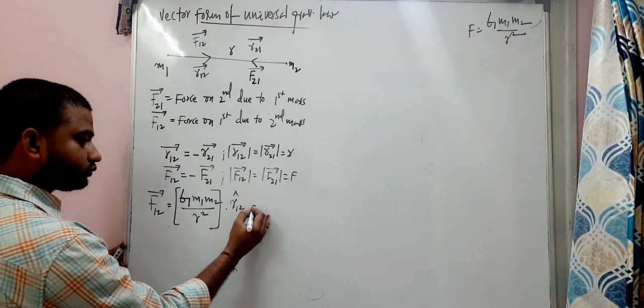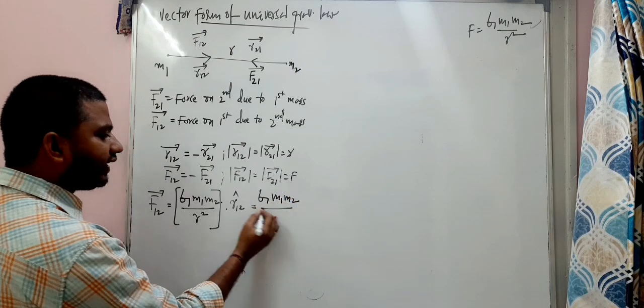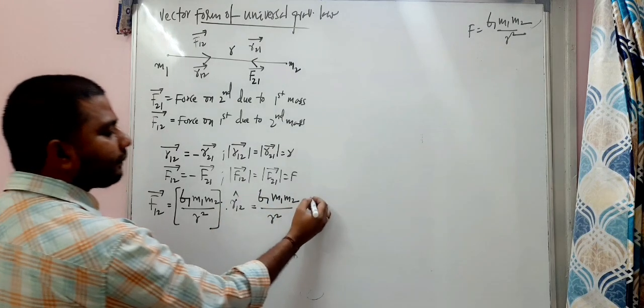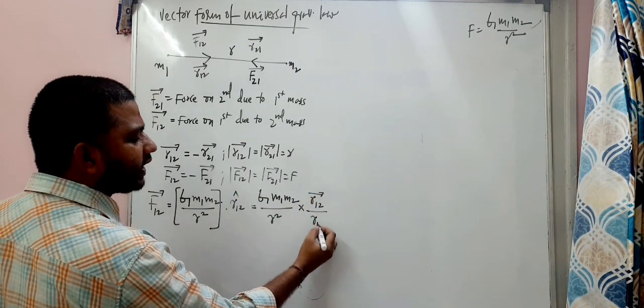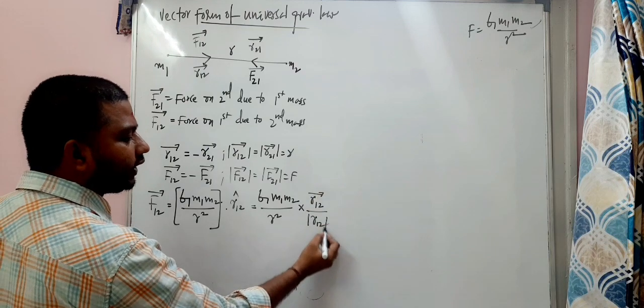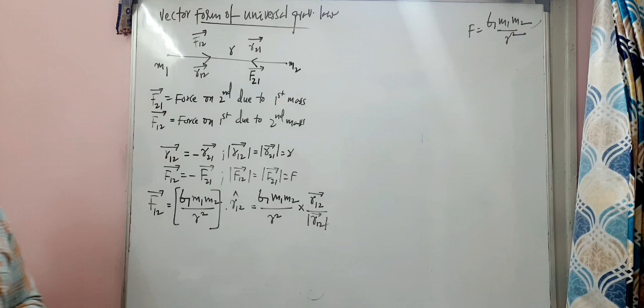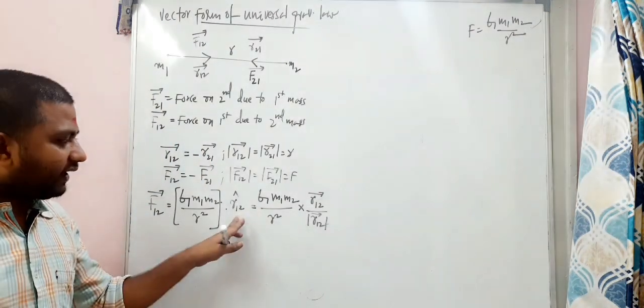Now G m1 m2 divided by r square into R12 cap. I can write R12 cap as R12 bar divided by the magnitude of R12. Observe carefully, because of the vector representation.